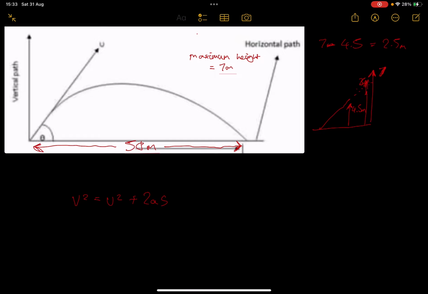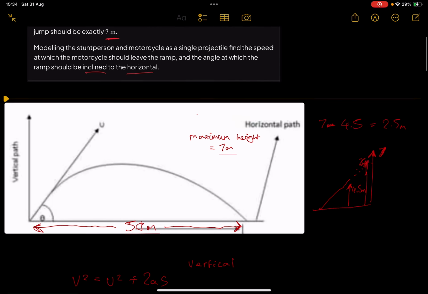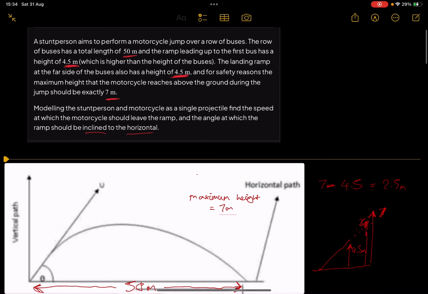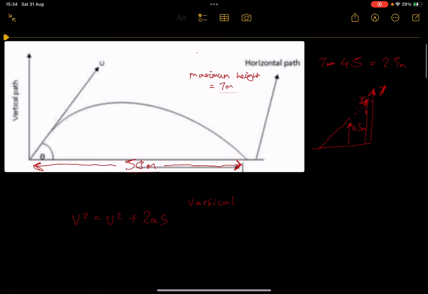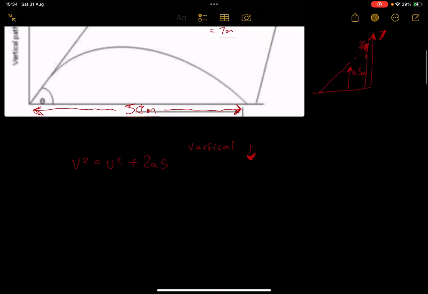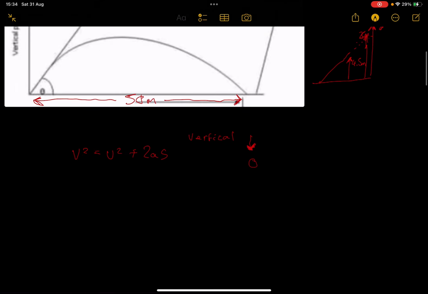And since we're doing vertical, we can assume that the velocity is going to be 0 when it stops acting under gravity.